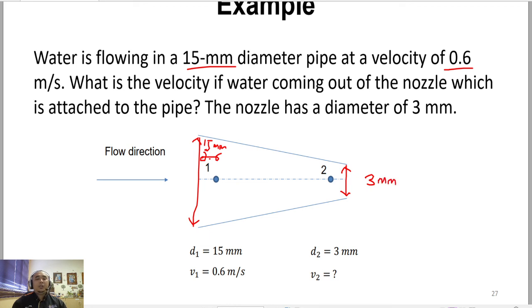Jadi soalan dia suruh dapatkan velocity out berapa? V2 lah maksudnya. Okay, velocity out. So now soalan dah bagi D1 sama juga dengan 15 mm, V1 0.6 meter per second, D2 3 mm, and find out the V2. Okay, so macam mana nak dapatkan V2?